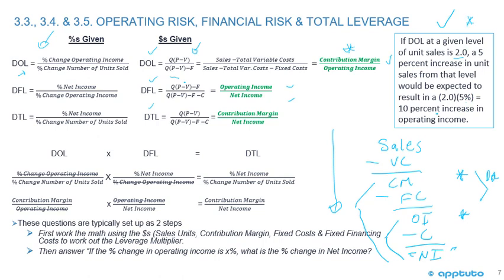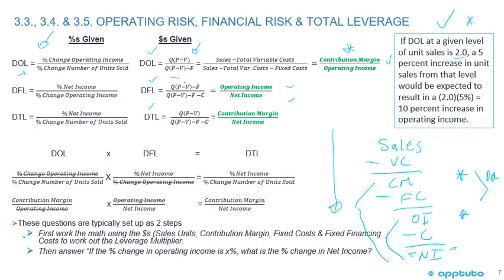Saying if we've calculated the degree of operating leverage is 2, then a 5% increase in unit sales, given that a 5% percentage change in the number of units sold, what's the impact on the percentage change in operating income? So for financial leverage, we're saying, given a percentage change in operating income, what's the percentage change in our net income? And for degree of total leverage, it's given a percentage change in the number of units sold, what is the impact in our percentage change on the net income, okay?